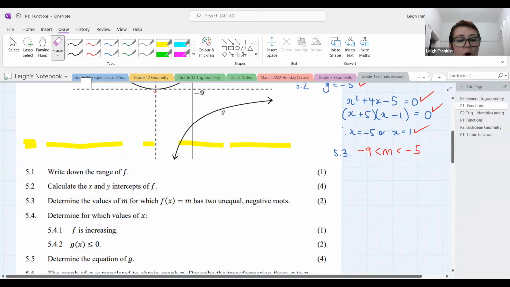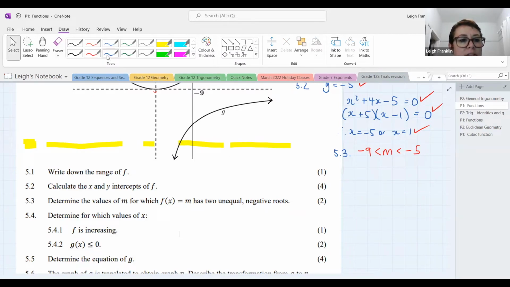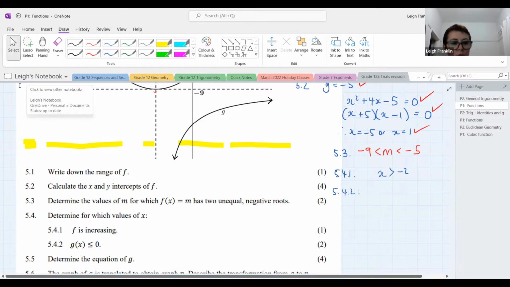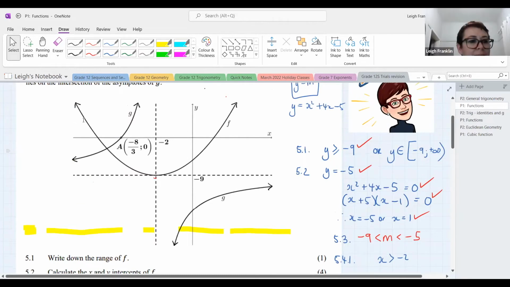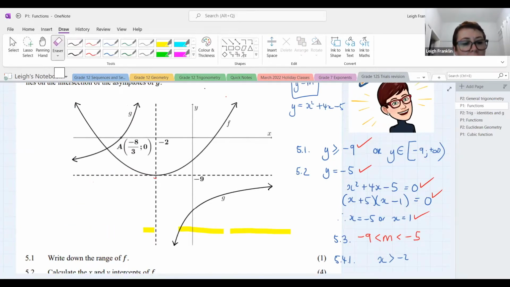Where are the y values negative on the graph? Let's put the answer for the other one over here. This is where x was greater than -2, 5.4.2. Where are the y values on the graph going to be negative? Again, we can use our highlighter to highlight the regions on the graph where this is happening.